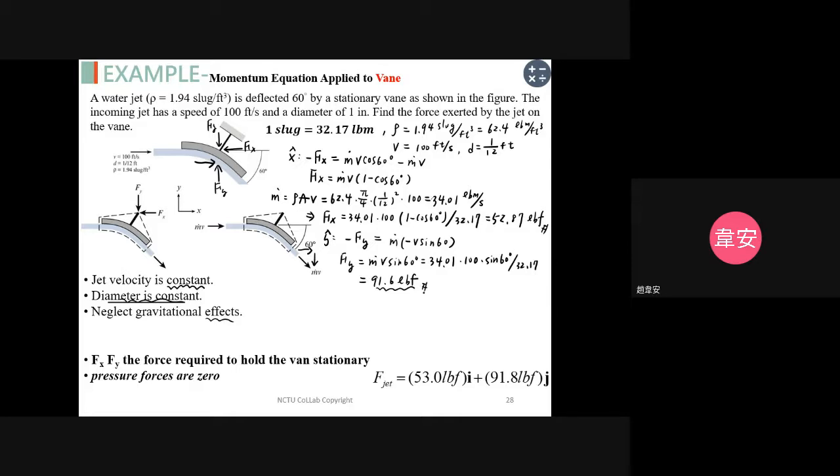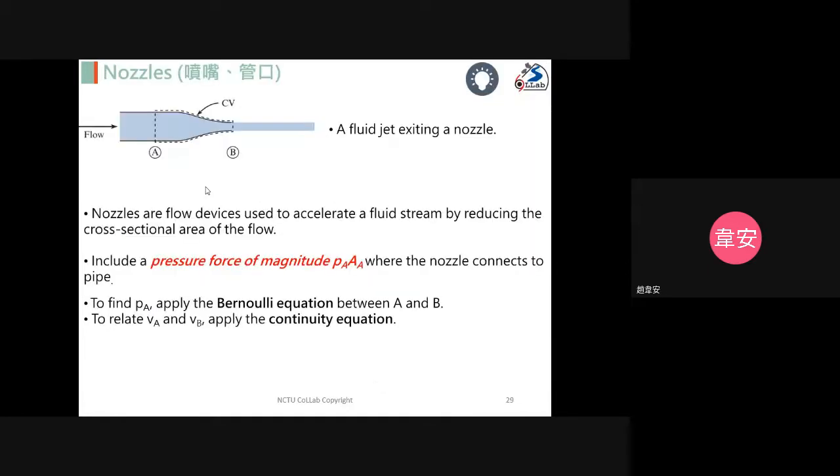Okay, so in this exercise, we also know that the pressure force is zero because our environment is exposed to the atmosphere, so the gauge pressure is always equal to zero. Right now we have the second type of condition, which is the nozzle.